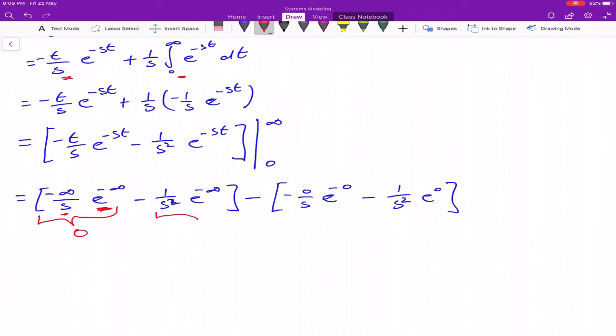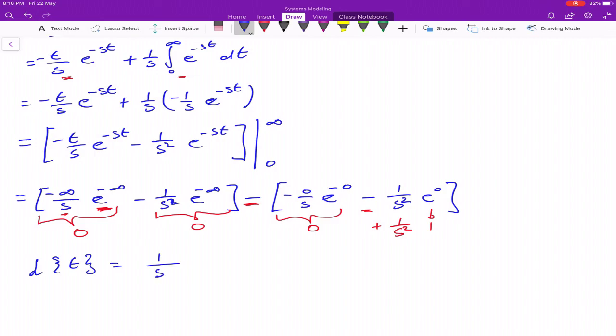And again, e to the minus infinity, this is going to 0, that will be 0. So again, e to the 0, that one is 1, and this minus times that's going to be positive. So here you have 1 over s squared. Let me just write this properly. So now you can see that the Laplace transform of the ramp input, which is t, is equal to 1 over s squared.